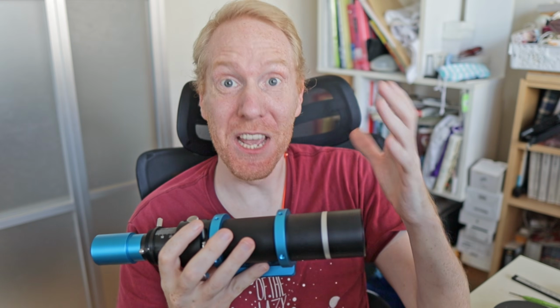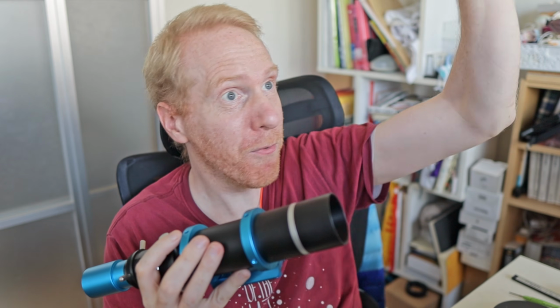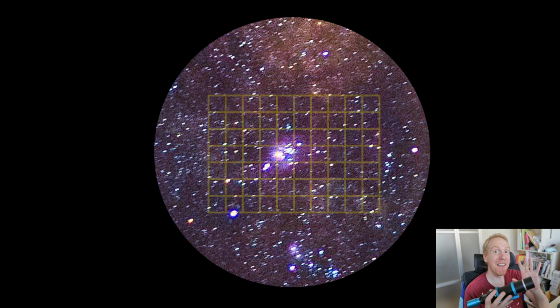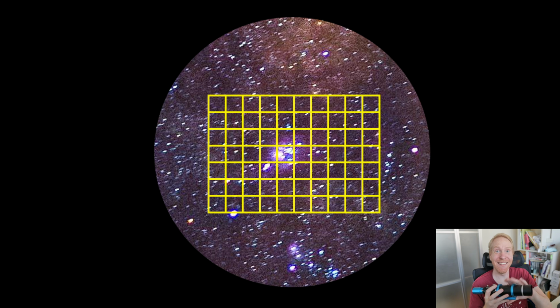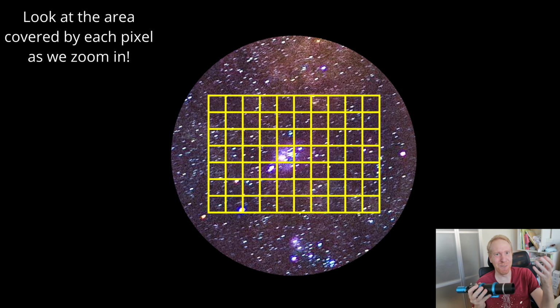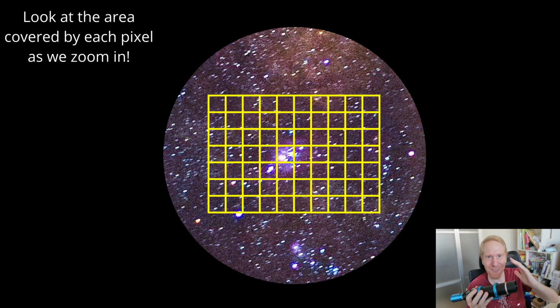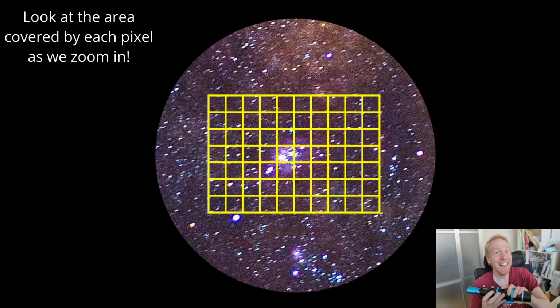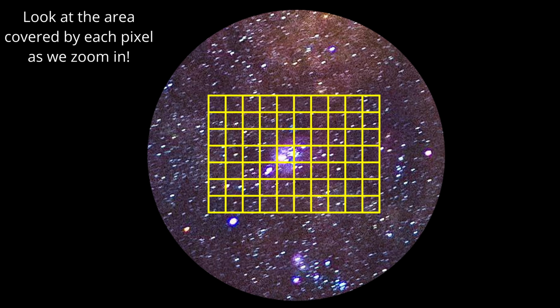And because the image circle is bigger, that fixed amount of photons that we are getting from our field of view via our aperture has to be spread thin, like butter over too much bread. And if I were to place a sensor on top of that, and you look at the grid, each of the pixels covers a smaller area of our field of view, meaning we get more details, but at the same time, each of those pixels, because we are spreading the light over more bread, is getting fewer photons.